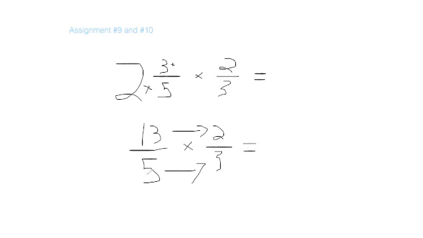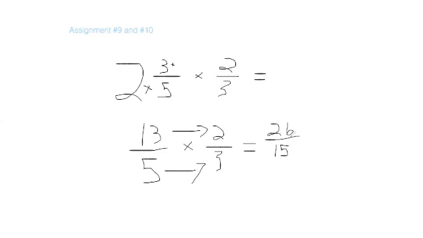Anytime that you're multiplying two fractions, all you do is multiply across and that's it. So 13 times 2 is going to be 26, and then over 5 times 3, which is 15. And that's it.